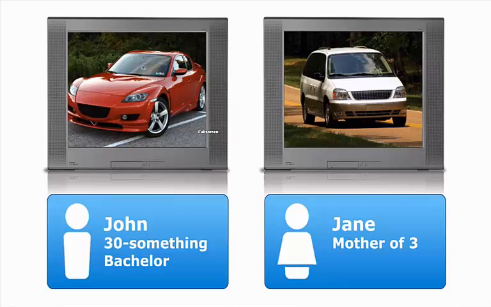The one on the left may be more appropriate for John, the 30-something bachelor, versus the one on the right for Jane, the mother of 3. And if I am running ads to a big, broad marketplace without thinking through my targeting, I'm missing out on the opportunity to show my ad to the right person and have a really refined advertising spend, ensuring that my ads are being seen by the right person.